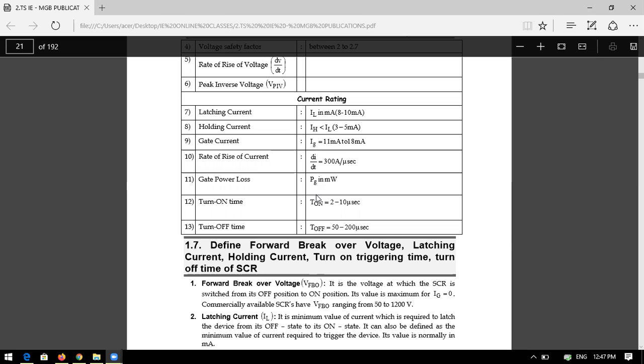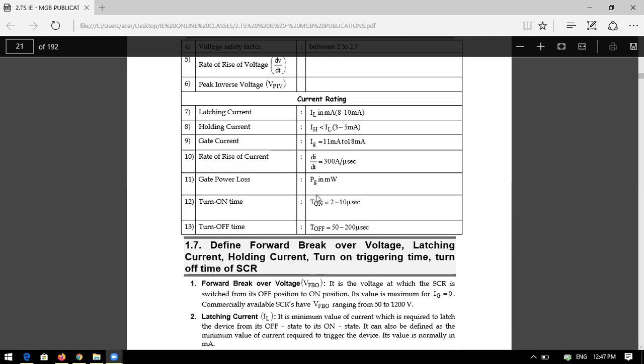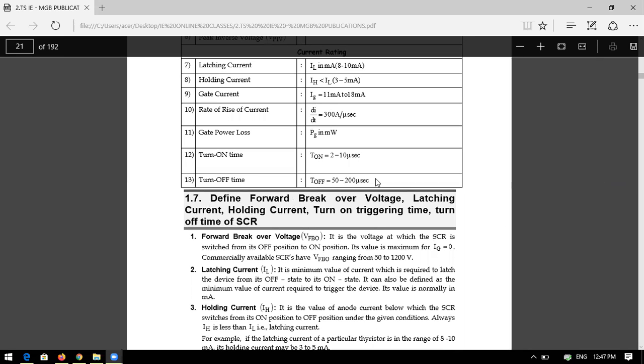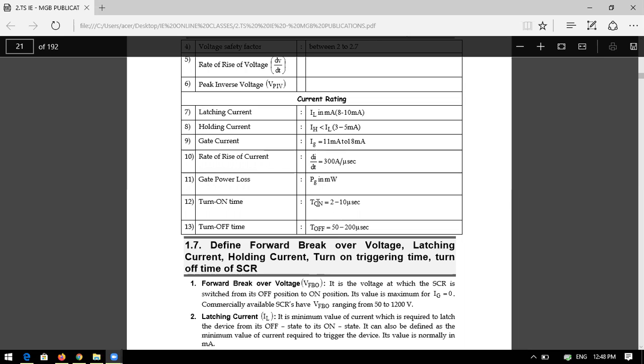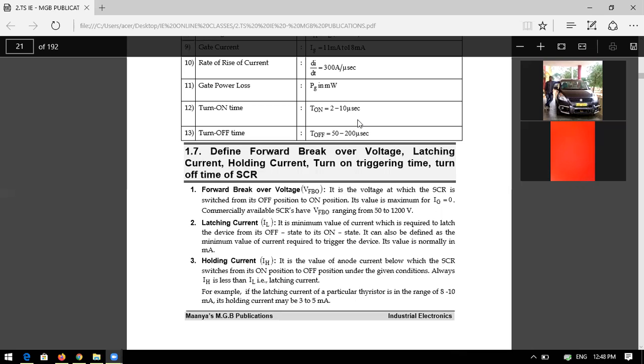Gate loss should be only in the order of milliwatts, very small power ratings or power dissipation. Turn on time is 2 to 10 microseconds. Turn off time is 50 to 200 microseconds. That means the turn off time is more compared to the turn on time. Very important: the turn on time is very quick because the gate voltage or gate current is very high, whereas the turn off time is very long, with more delay.